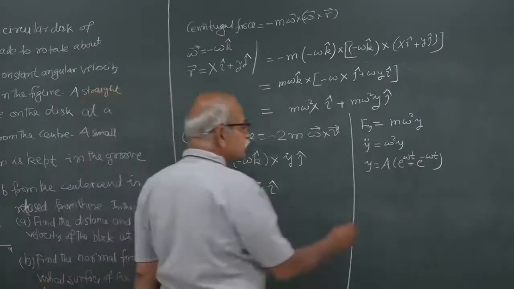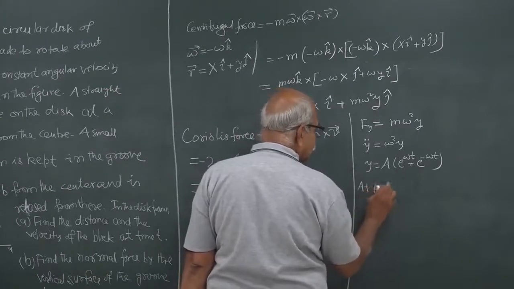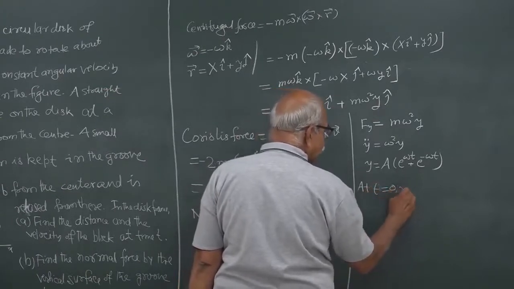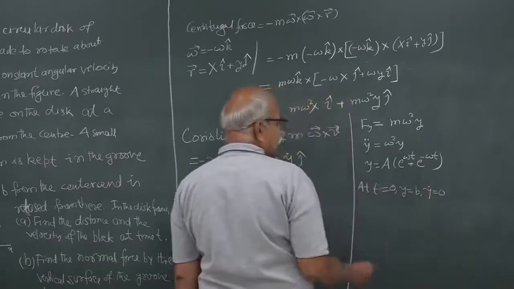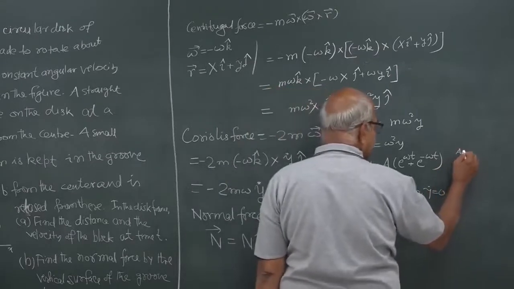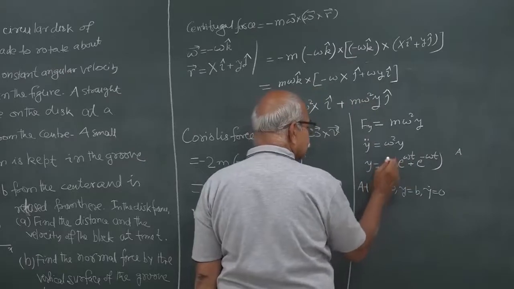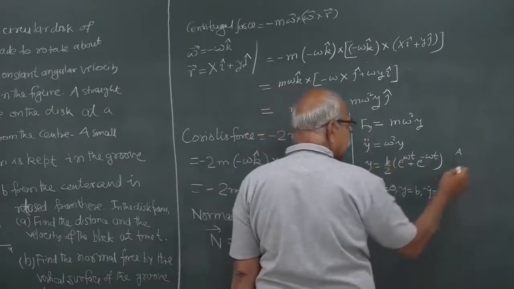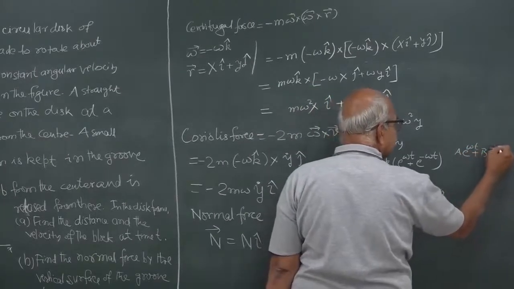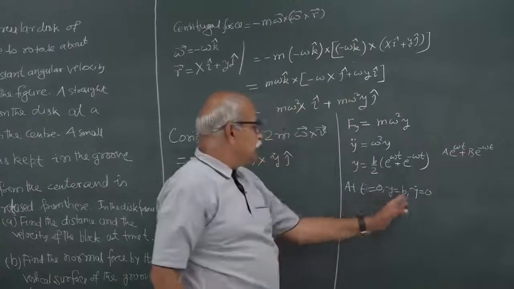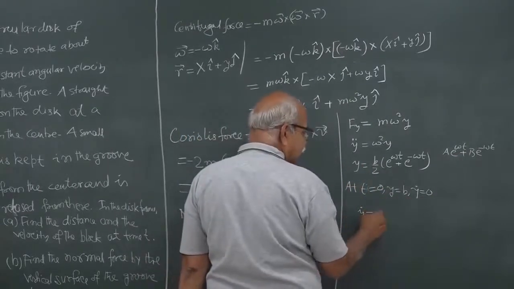What are the initial conditions? At t equal to 0, y should be equal to b and y dot should be equal to 0, that is the condition. Our general solution is A e to the power omega t plus B e to the power minus omega t, but when you put these conditions, you get A as b by 2, and this as y, and then you can differentiate for y dot.